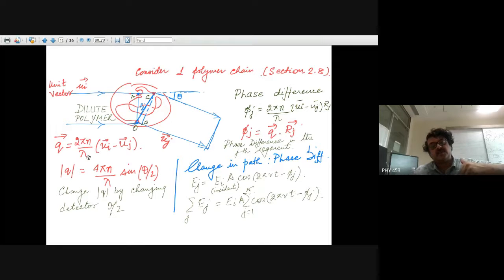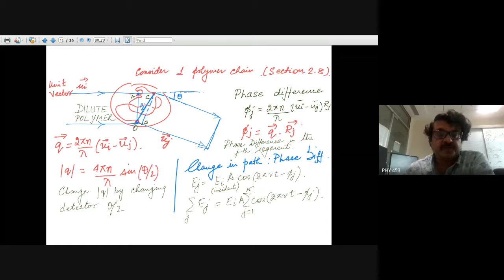So that is the so-called change in the direction, the scattering direction from the original direction, right? And if you're not changing lambda, then as you move the detector for different values of theta, q changes. q can be written as 4 pi n by lambda sine theta by 2, so you can change q by changing theta.